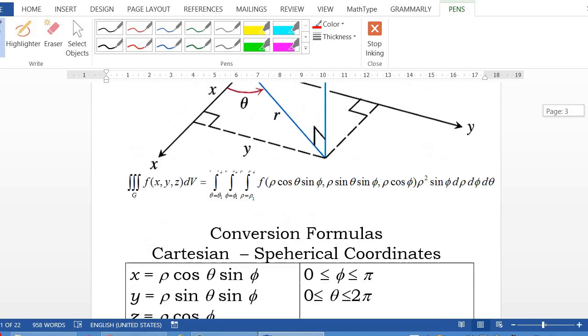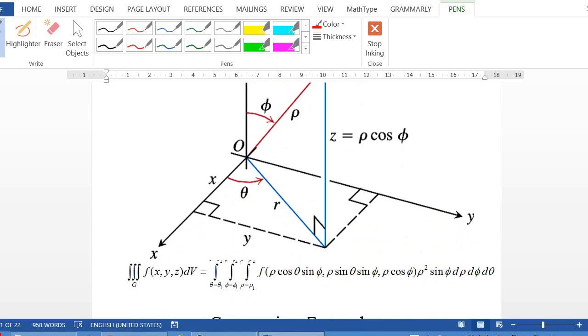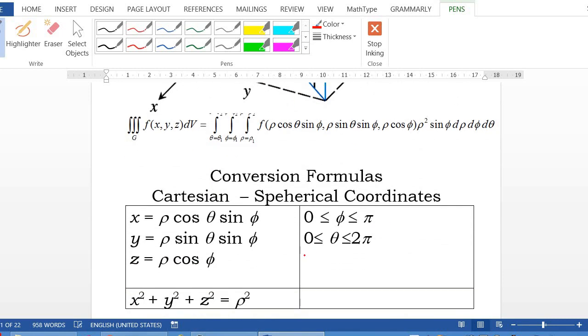Notice that phi is measured from positive z until negative z, so it is only a half cycle. That's why phi goes from 0 to pi only. Theta is measured horizontally, as in polar coordinates. A full cycle will be 0 to 2 pi.